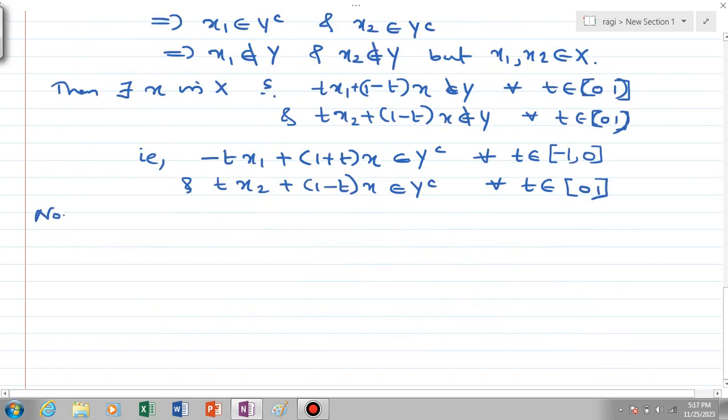Now define a function alpha from the closed interval minus 1, 1 to Y complement as follows.